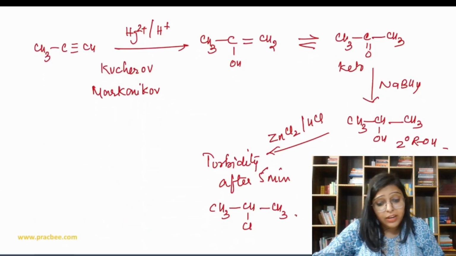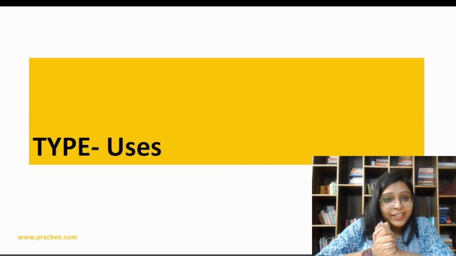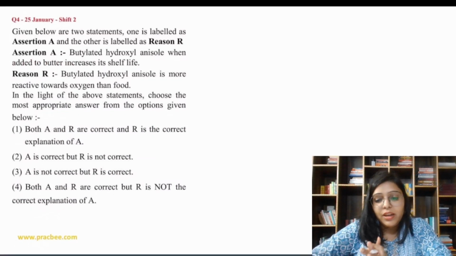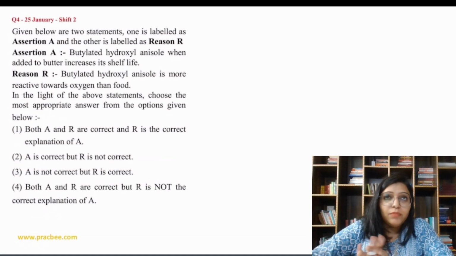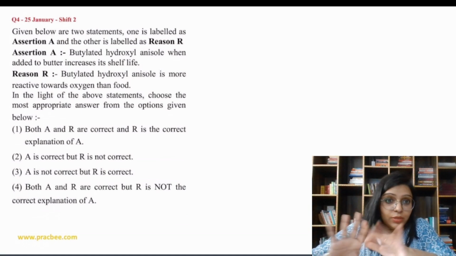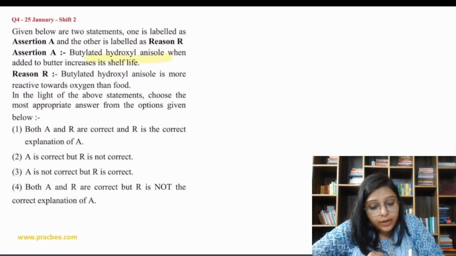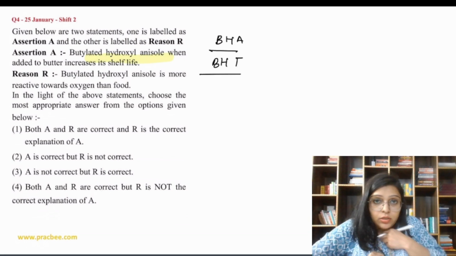Now we are moving to the last type of question, which is based upon uses, and even if you don't know this, you can find out the answer. Let me tell you how. The question is about butylated hydroxyanisole, which is BHA, and butylated hydroxytoluene.